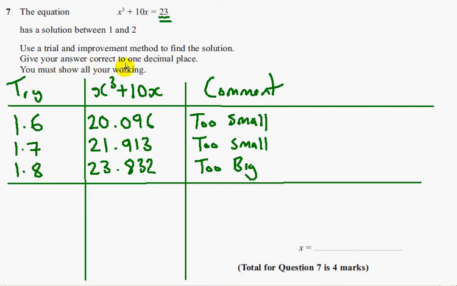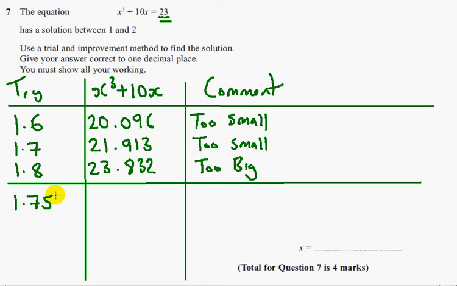Now it says give your answer correct to one decimal place, which means 1.7 or 1.8 is going to be the answer. I'm not sure which one yet. So I'm going to do one that's exactly halfway. Let's find out what it is when x is 1.75.